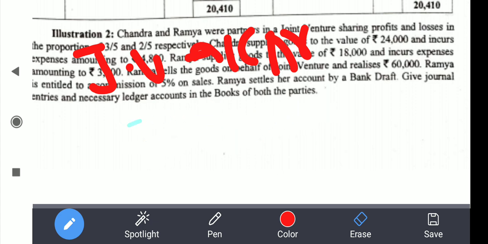For example, if the goods were provided by Ramya, then you have to write joint venture account debtor to Ramya account. But here in the books of Chandra, we don't write Chandra account, just joint venture account debtor to goods account. First general entry is over.